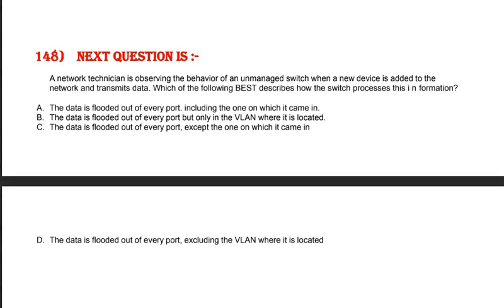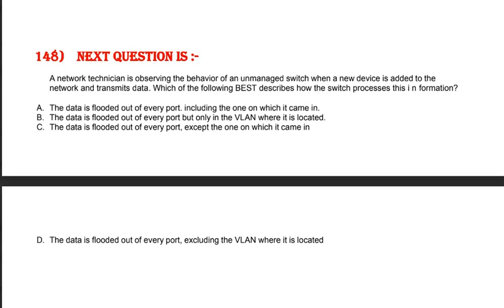Our question is, a network technician is observing the behavior of an unmanaged switch when a new device is added to the network and transmits data. Which of the following best describes how the switch processes this information? Option A, the data is flooded out of every port, including the one on which it came in.